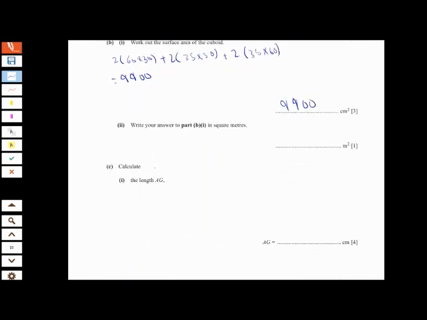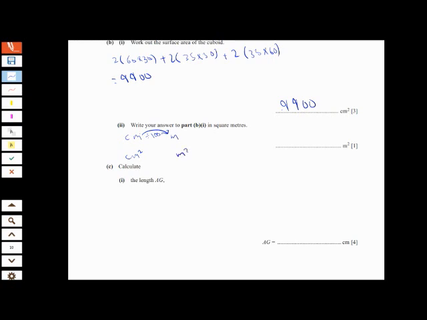Now write your answer to part b(i) in square meters. So they want you to convert this to meter square. How do you convert centimeters to meters? You divide by 100. In centimeter square to meter square, it's now squared.